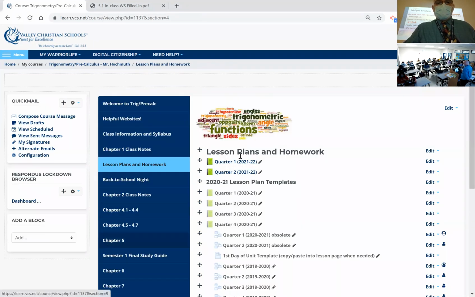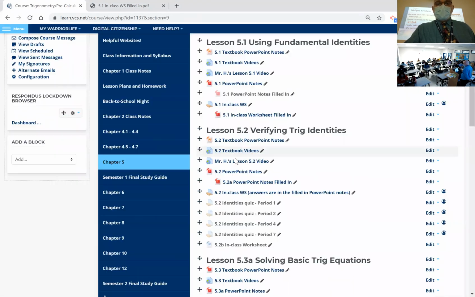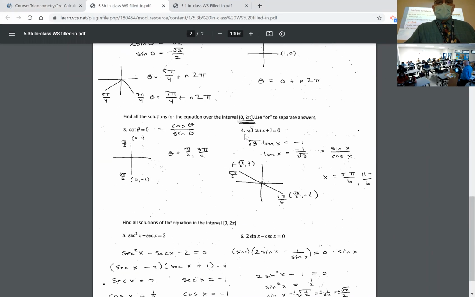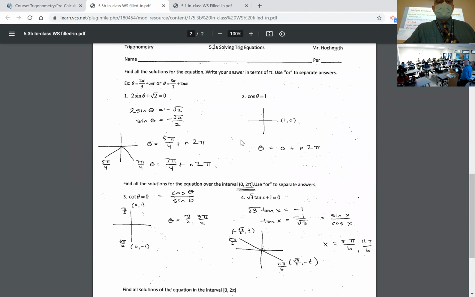Tab 5, and I've got to fix the 5.3 here. Oh, looks like it's out of order again. I've got to scroll down. So let's make this a little bigger.